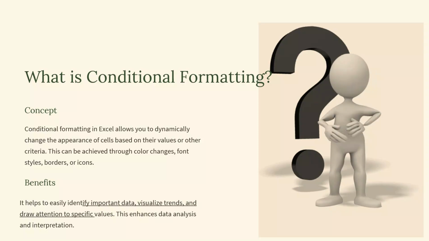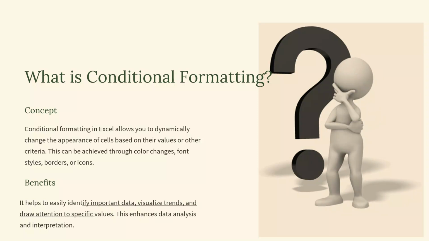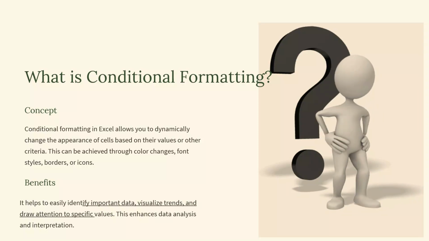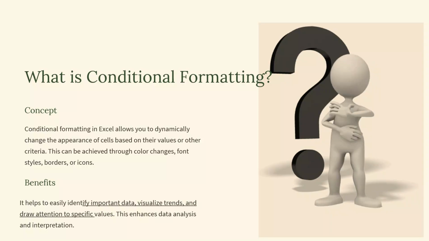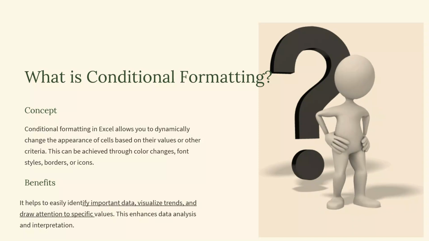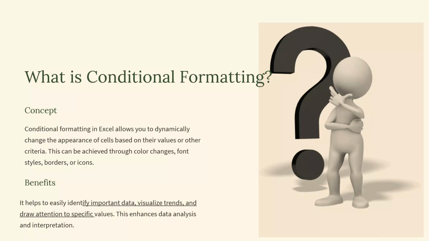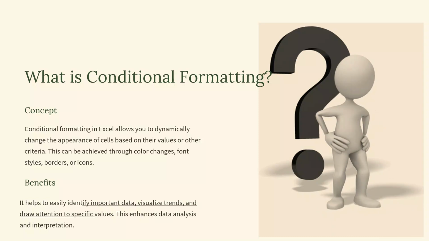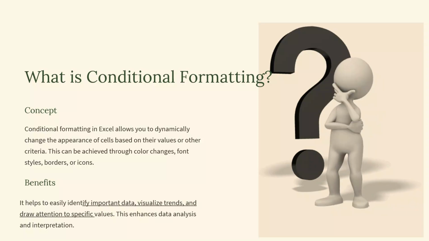That is for identification. We can make changes to that cell by changing the color, the border, or even the font, or we can use icons or even bars to represent something and make a distinct change there.